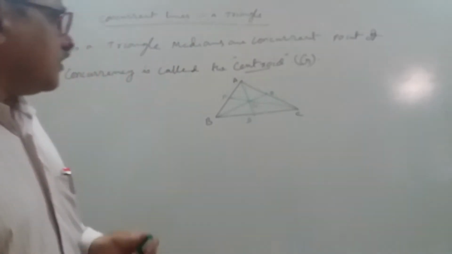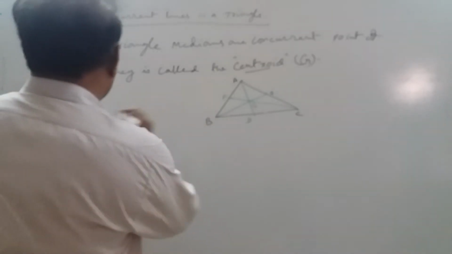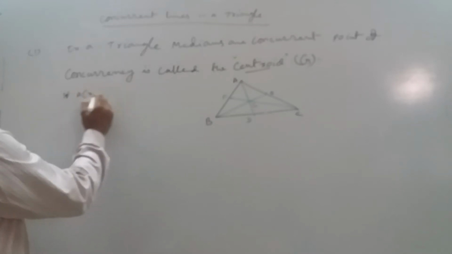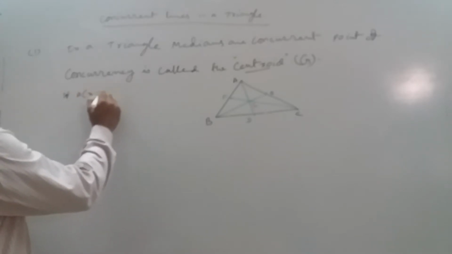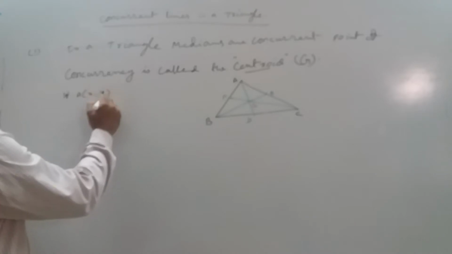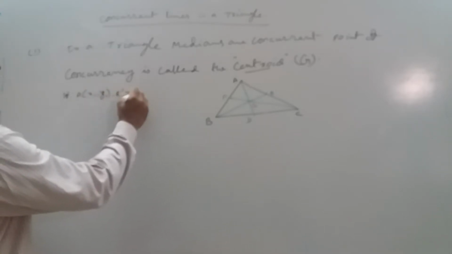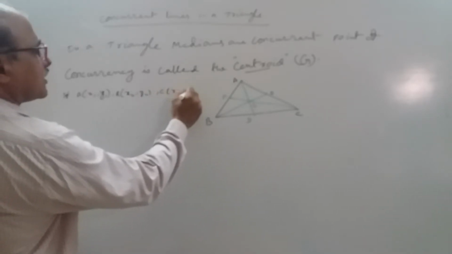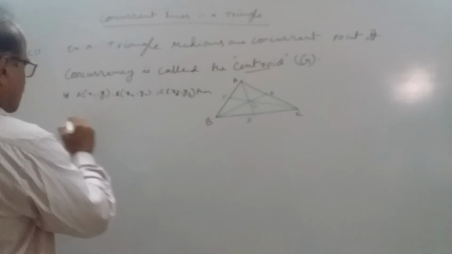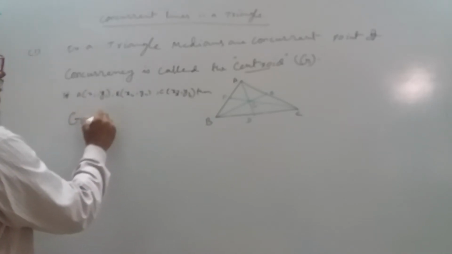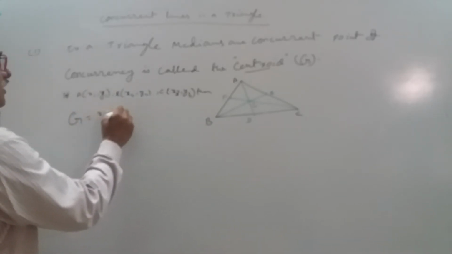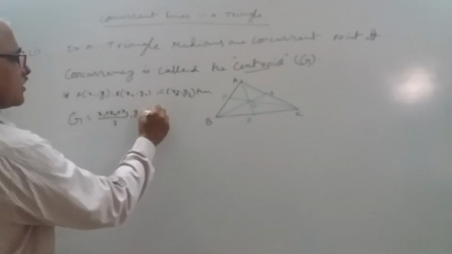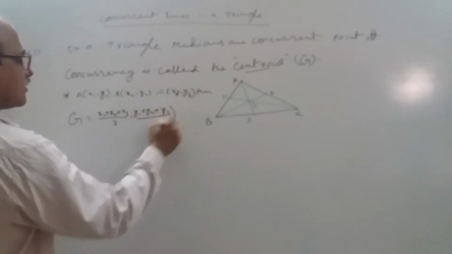If the coordinates of A, B, C are (x1, y1), (x2, y2), (x3, y3), then the centroid G is ((x1 + x2 + x3)/3, (y1 + y2 + y3)/3).